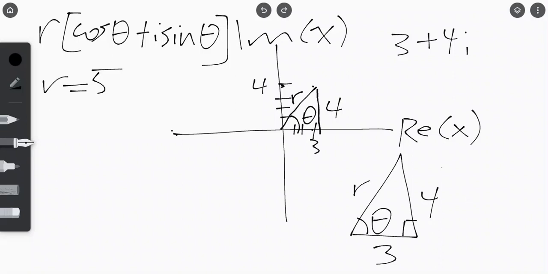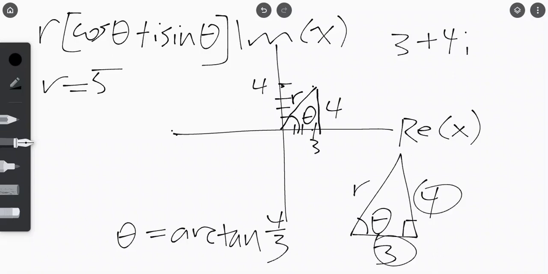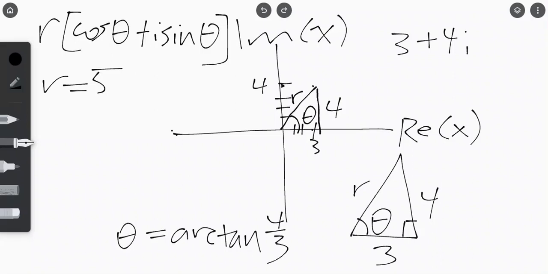Well, we know tangent is the opposite side over the adjacent side. So theta is equal to the inverse tangent of 4 over 3, opposite over adjacent. If we plug this into a calculator, we get 53.13 degrees.